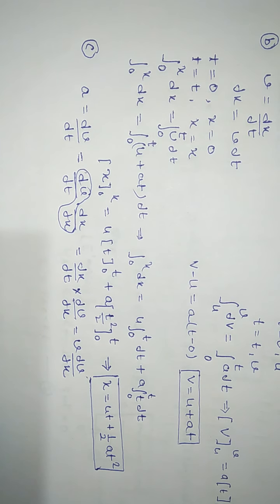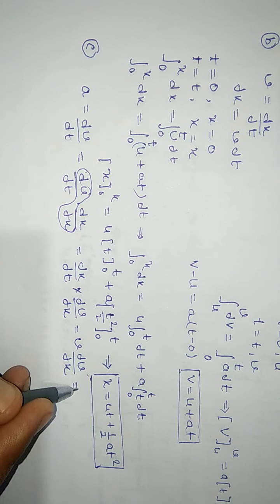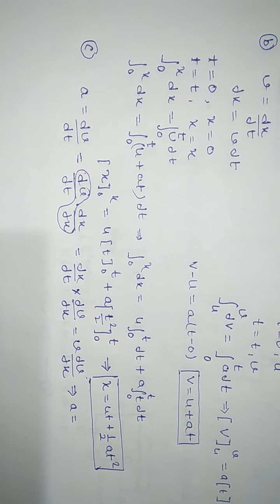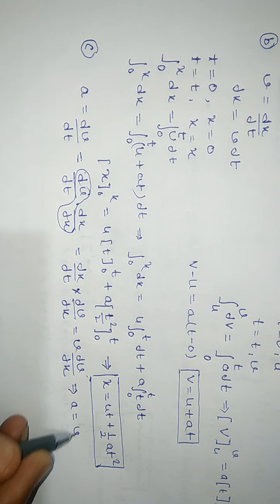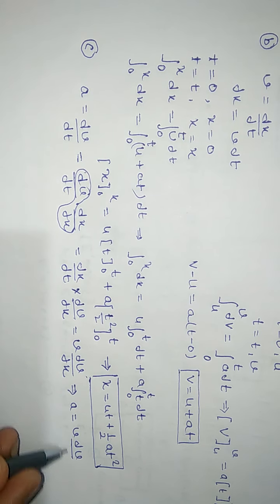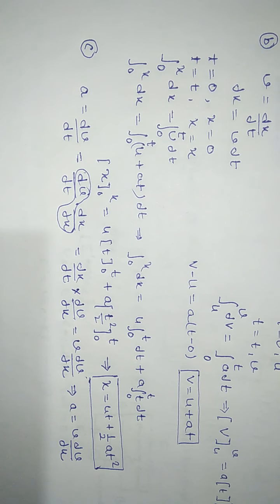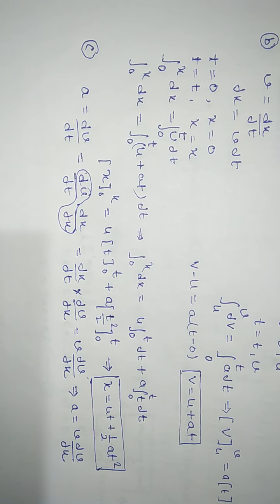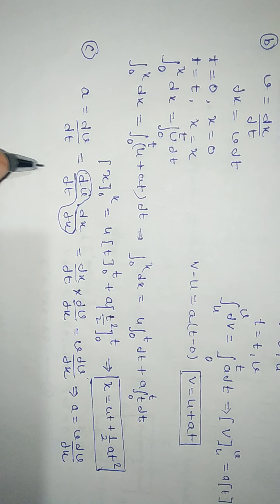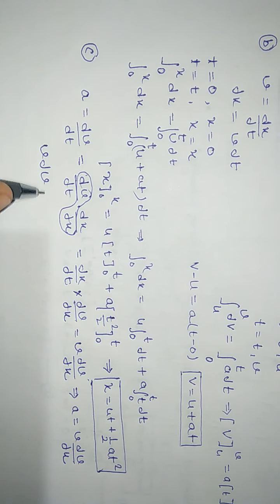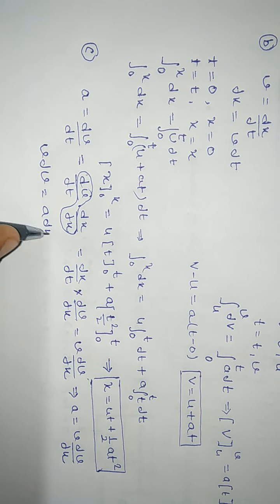This means a can be written as v dv upon dx. From here, writing this equation in another form, we will get v dv is equals to a dx.